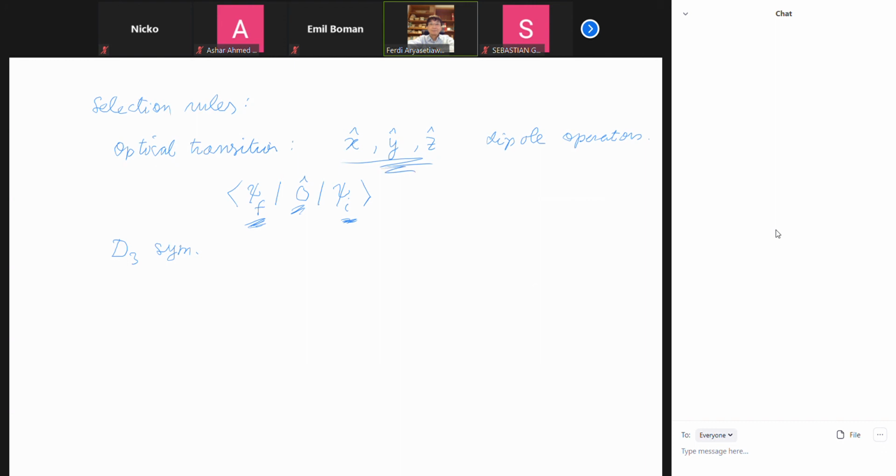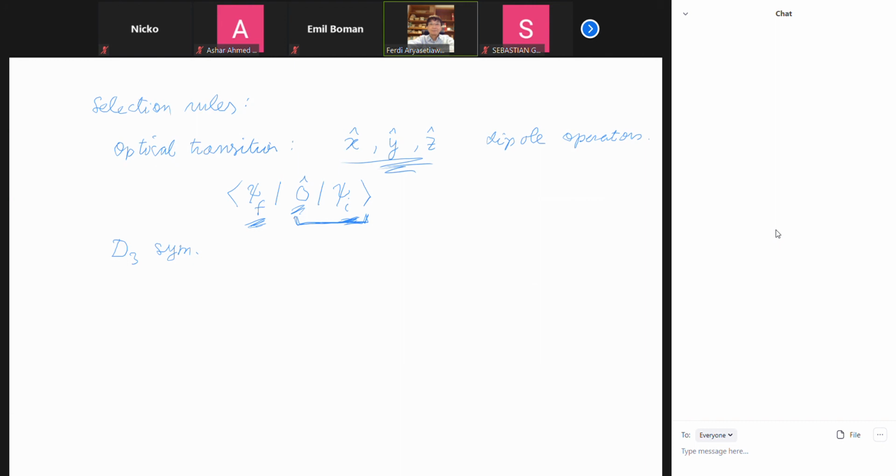So let's say, just for simplicity, we assume that the initial state transforms according to the identity representation. Just take a simple example, so that this product here transforms according to the dipole operators, which are vector operators.